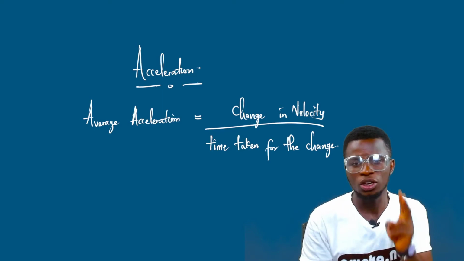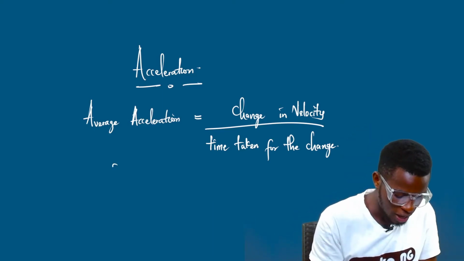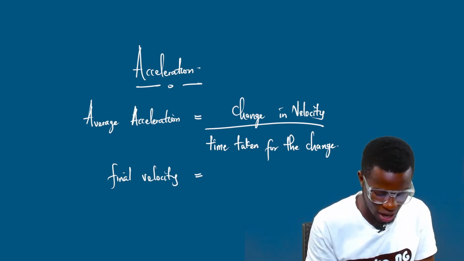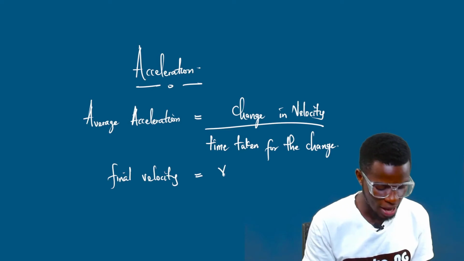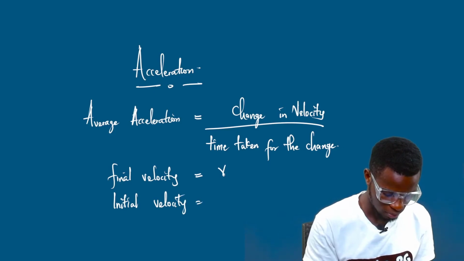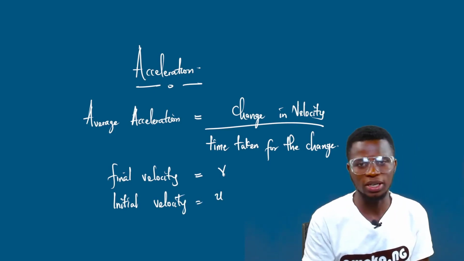Let us consider two basic cases. We have the final velocity, which is usually represented as v, and the initial velocity, which is represented as u.